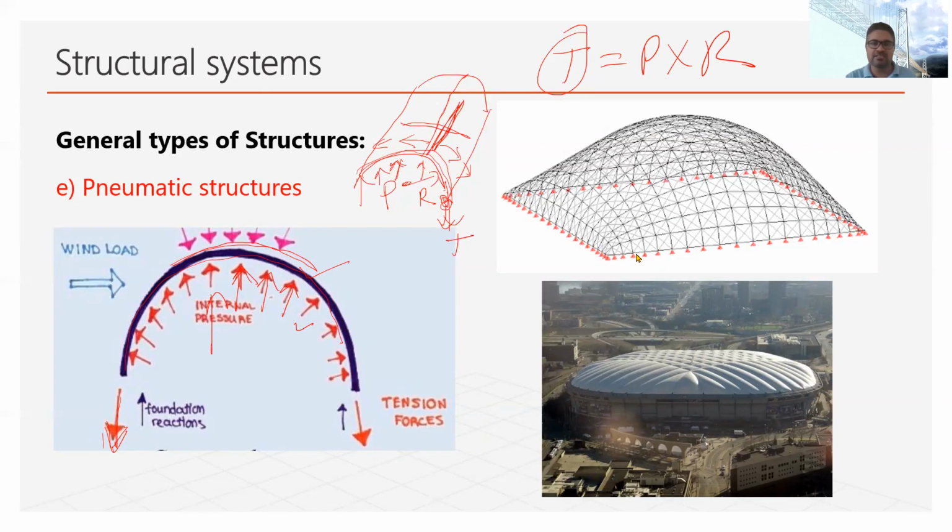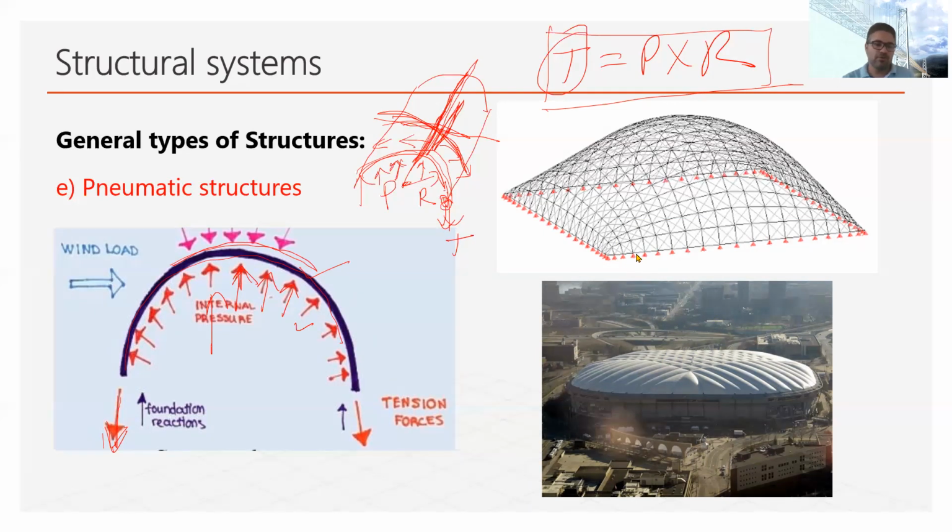Along this direction, which is the guideline of the cylinder, there is no curvature, but along this direction there is a continuous curvature. So the whole pressure will be distributed along this direction only, and the tensile force generated due to this can be given by this formula.